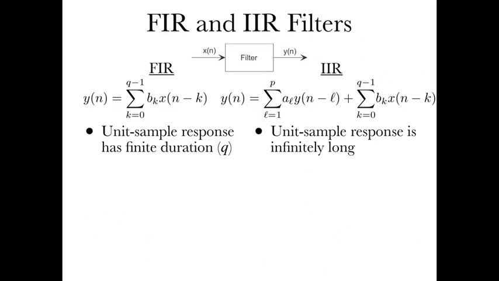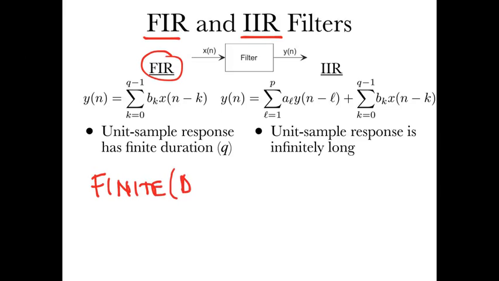Well, let's talk about those filter categories I mentioned. We like to think about digital filters as falling into one of two classes, the FIR and IIR. And what do these acronyms mean? Well, it turns out the FIR case means finite.